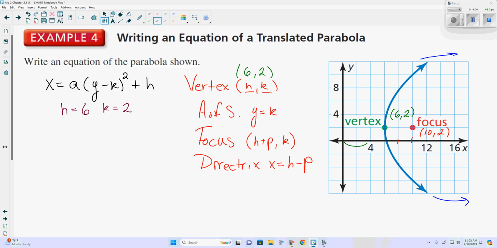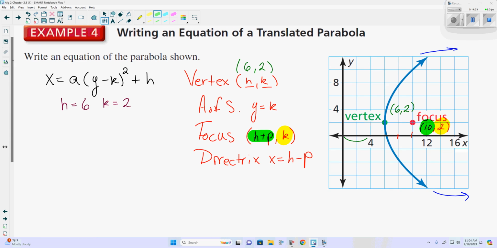Let's look at the focus. K, we already know k. K is 2. Does that still line up with our focus? The only thing that's different this time is what? The x value of the focus is h plus p. What is h plus p lining up with? 10.